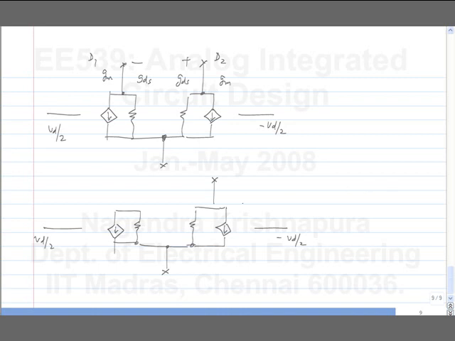Now this is connected to ground, and you are measuring the voltage between this point and ground. So you really are measuring the voltage between these two points, between the two drains.